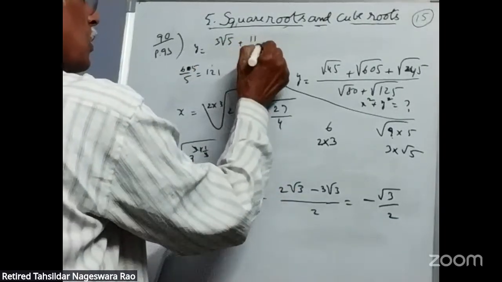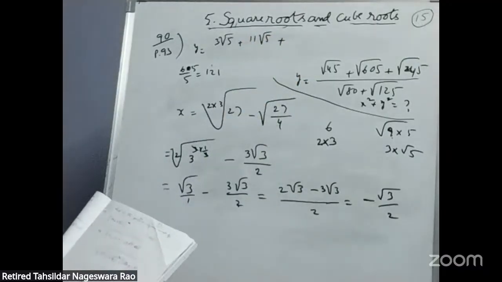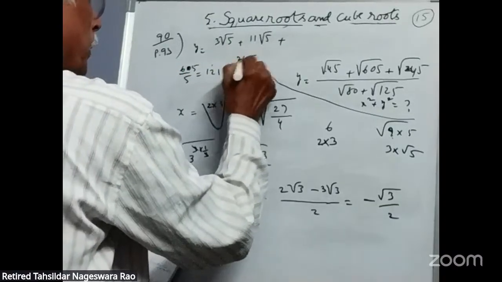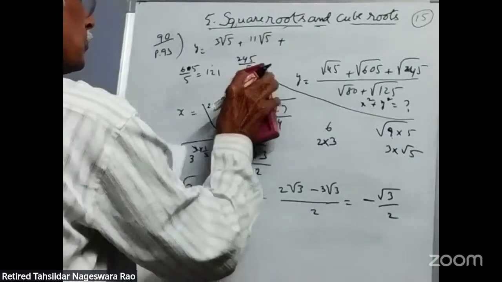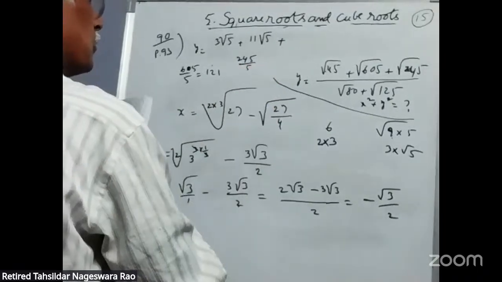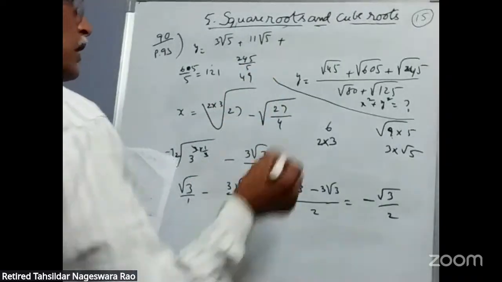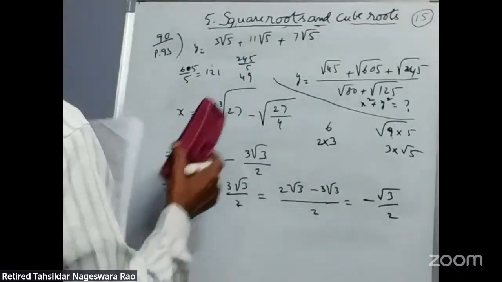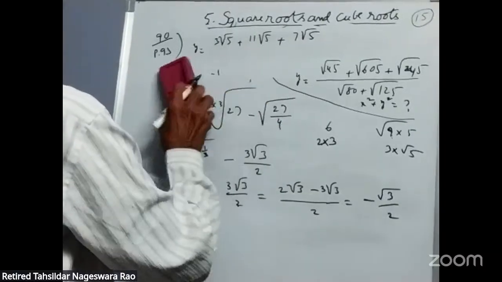So 11 root 5. That's all. Then root 245. Divide 245 by 5, that is 49. The square root of 49 is 7, so 7 root 5. You expect root 5. The problem will be given like that only.